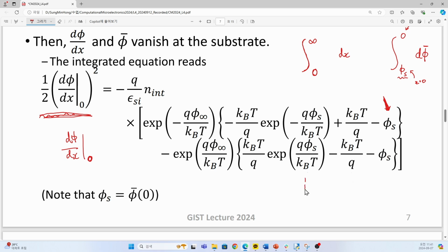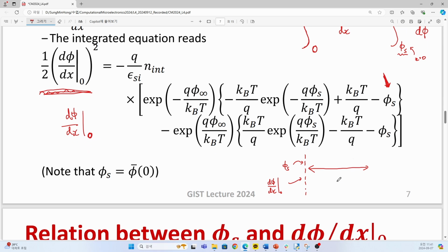This is quite significant. It is only because we have an infinitely long p-type substrate, but this relation says that if we know the surface potential, then we can immediately understand this gradient as well.